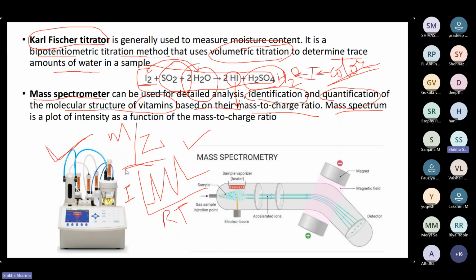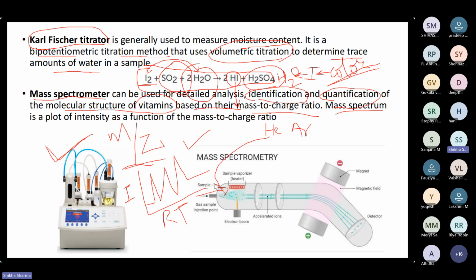So what happens here, in this tube, in mass spectrometry, is that the sample goes in. We can have gases like helium or argon. Basically we use helium, which is an inert gas, to carry the sample.